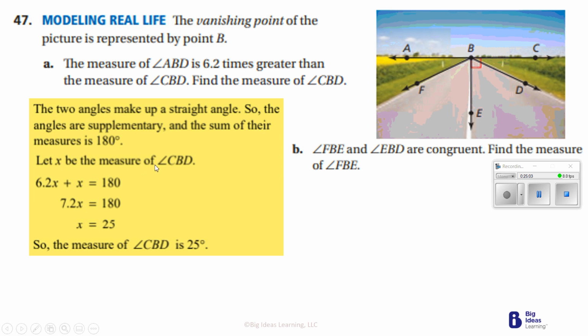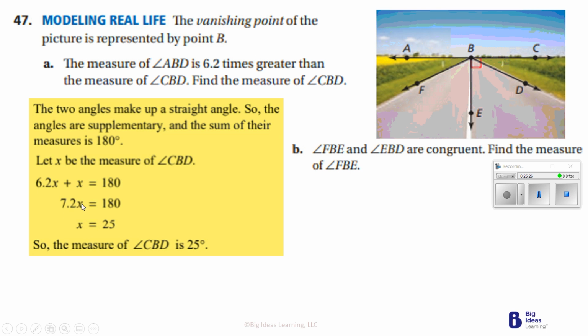Let x be the measure of angle CBD, and remember, ABD is 6.2 times greater. So 6.2 times x plus x is going to be equal to 180. I'll put these together, and remember, there's going to be a 1 in front of this x, even if I can't see it. So 1 plus 6.2 would be 7.2.